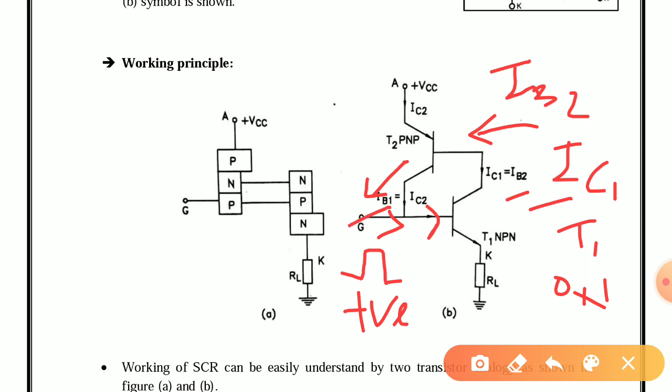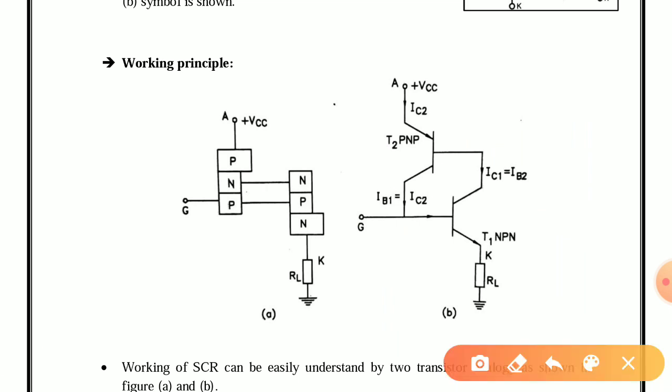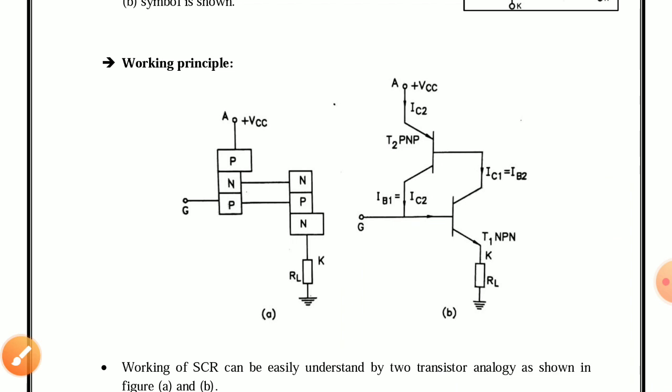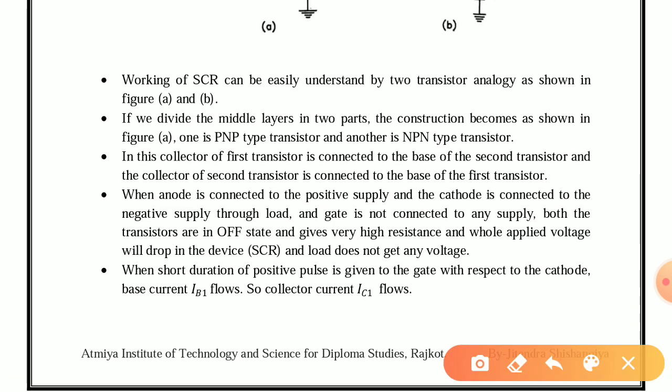This process is repeated, and it is known as the cumulative process. Now even if the gate pulse is not given, once the SCR is on, it continues to conduct.